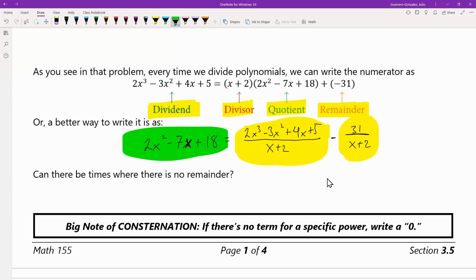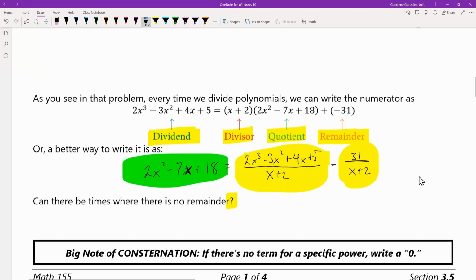So, question for everybody: can there be times where there is no remainder? In this case, you saw we had a remainder of negative 31. What happens if there's no remainder? Hopefully you're thinking that means it divided nicely.